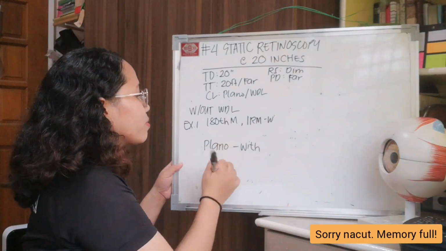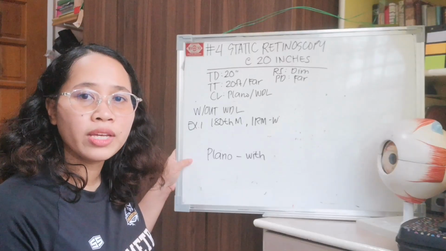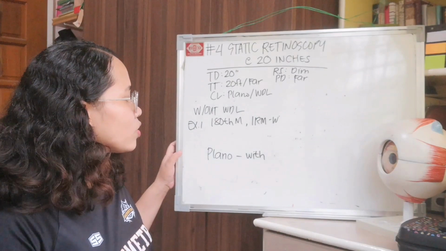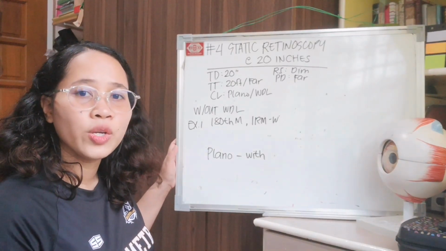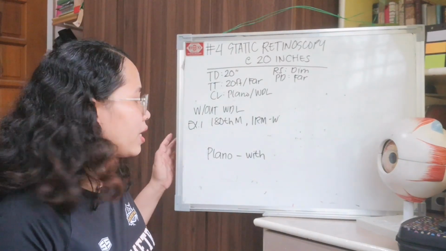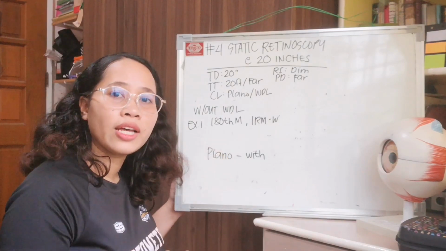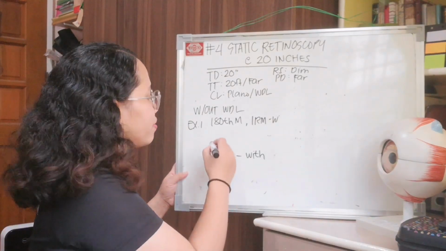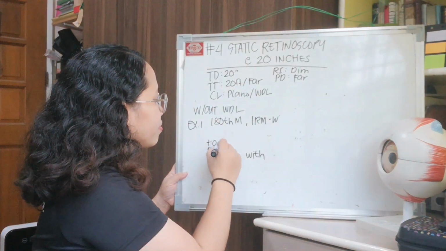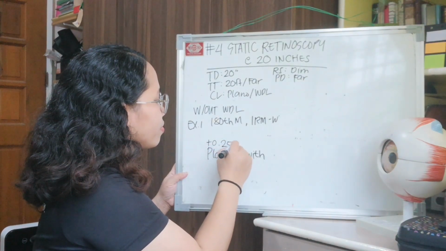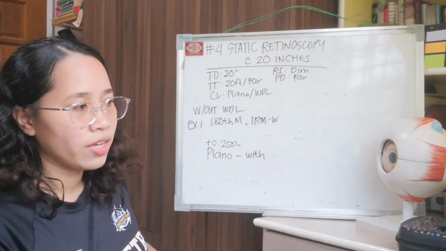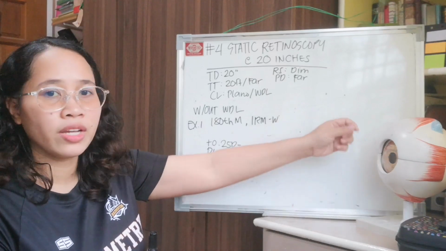Thank you. At plano, the movement is with. So because it's with, you will introduce plus lens. So we start at plus 25. At plus 25, you put the plus 25 here in front of the patient.